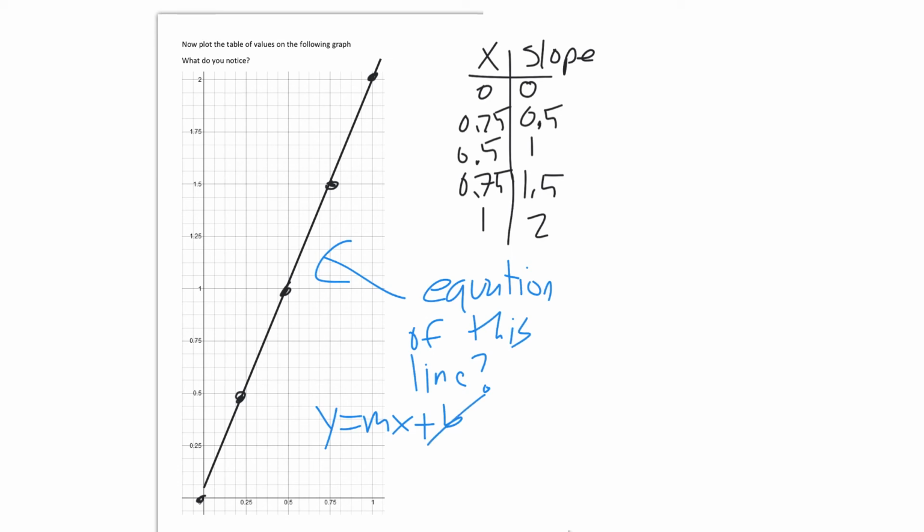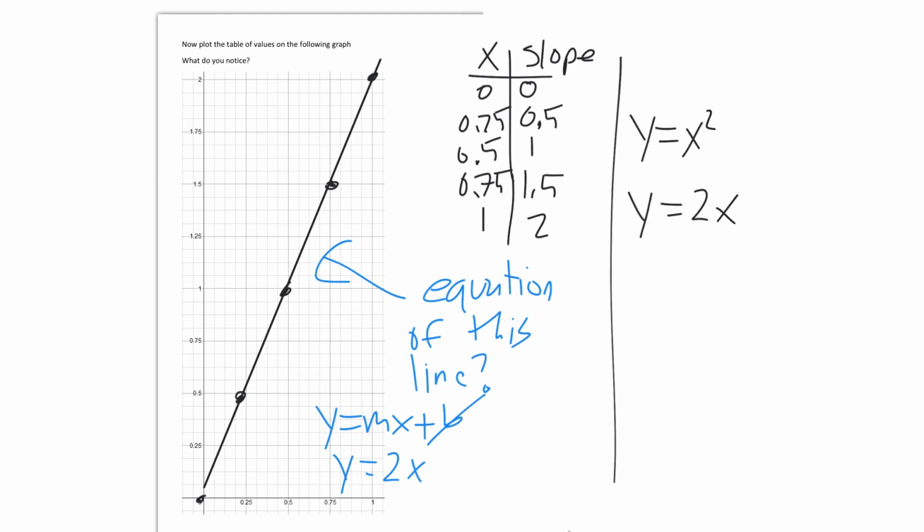And m, the slope, it looks like this line, if we were to do slope again, it goes over 1 and it goes up 2. So rise of 2, run of 1. So y equals 2x. We started with the equation y equals x squared. Now we have the equation y equals 2x.